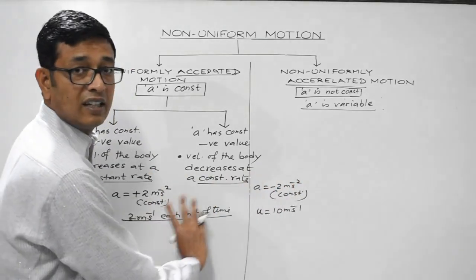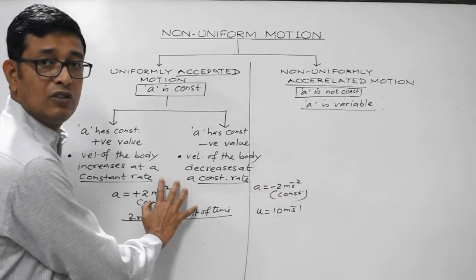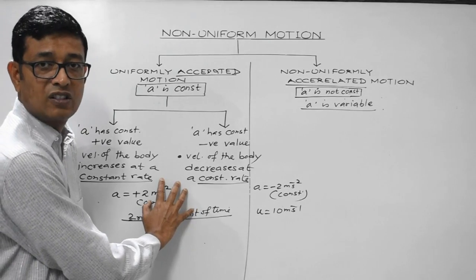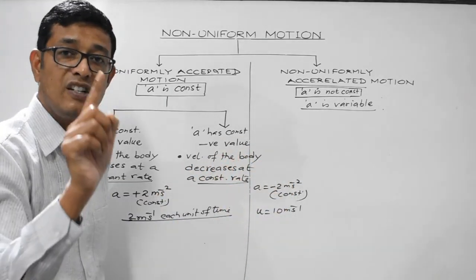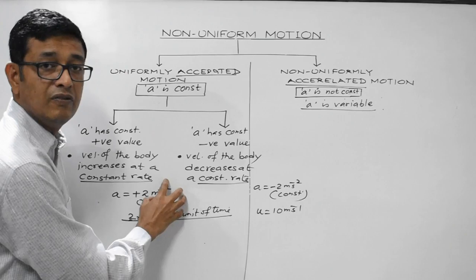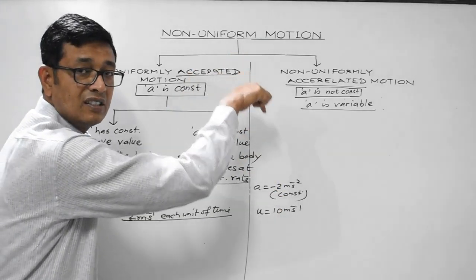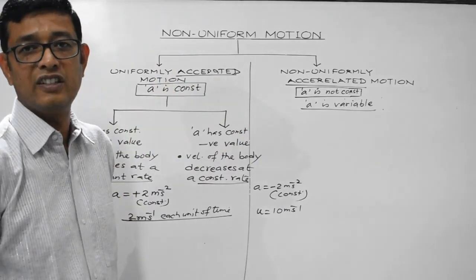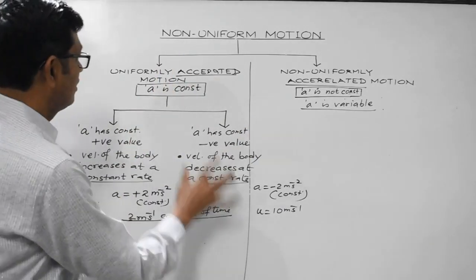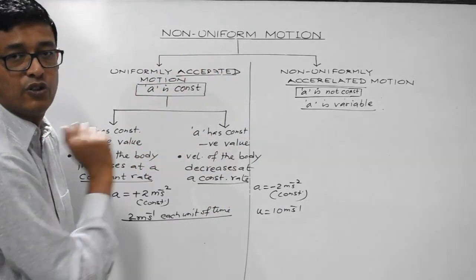So understood both the cases. Here also the velocity is changing at a constant rate. But in one case velocity is increasing at a constant rate, and here the velocity of the body is decreasing at a constant rate. So that's uniformly accelerated motion for you.